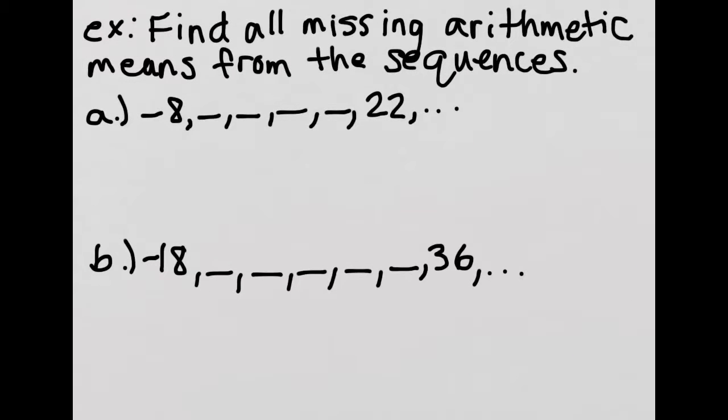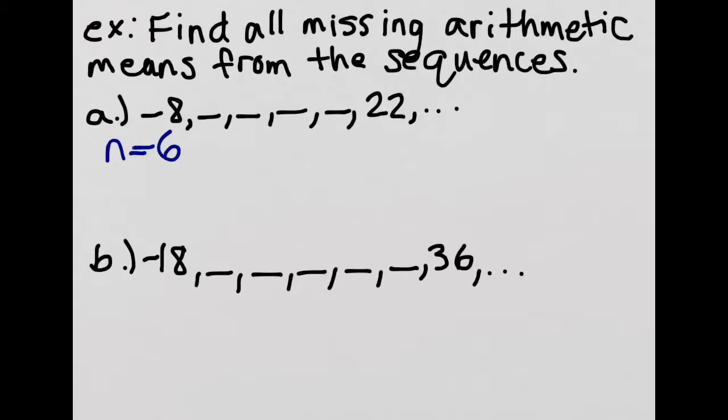Okay, so here's some examples. We want to find the missing arithmetic means. So we're going to use our arithmetic sequence formula. If we look here, we know a couple of things. We know that we've got 1, 2, 3, 4, 5, 6 terms. So our number of terms, n, is going to be 6.